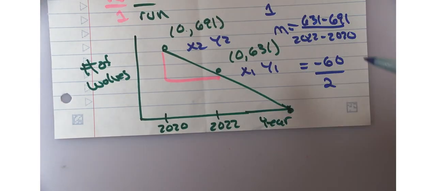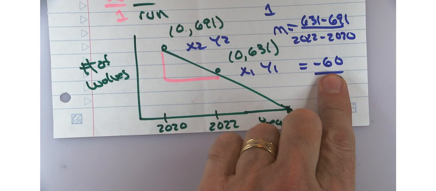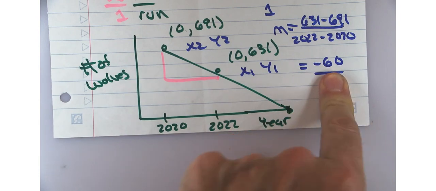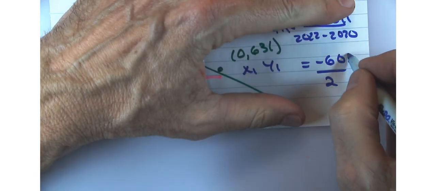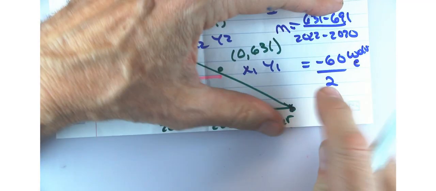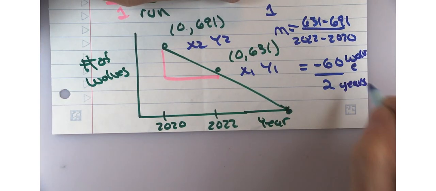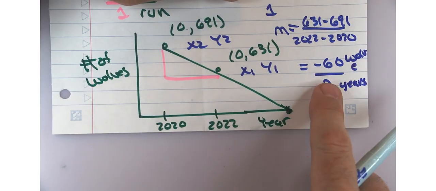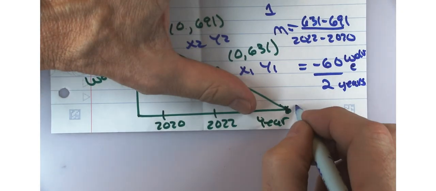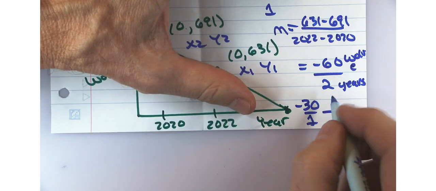What are the units here? What's that negative 60 represent in the numerator? Wolves. Yeah, it's the number of wolves. How about the denominator here? Years. What if I divided this so that I had a 1 in the denominator? What would that be now? Negative 30. Let's keep the same units.